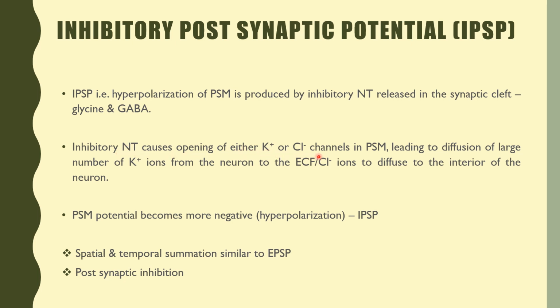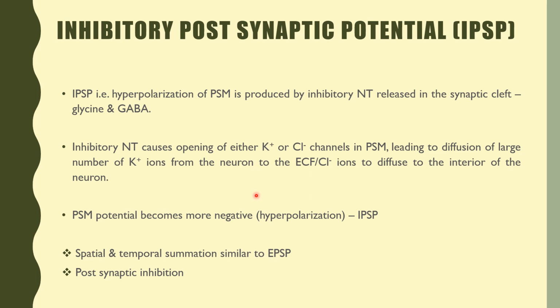What was happening in the EPSP, excitatory? It was making either the sodium channel or the calcium channel open, and whether the sodium or the calcium got opened up, the positive ion was moving inside.